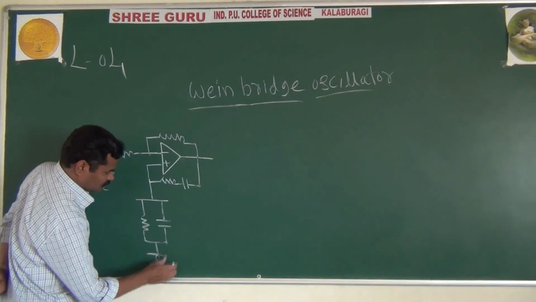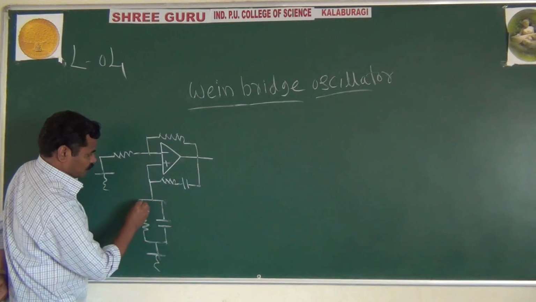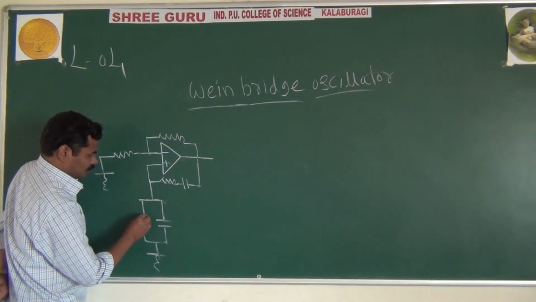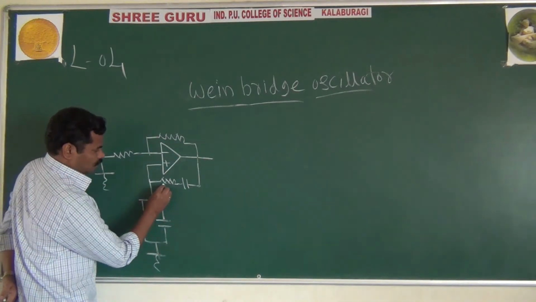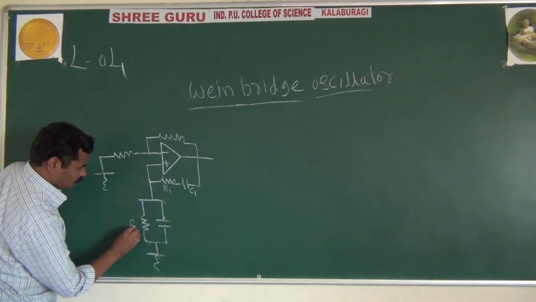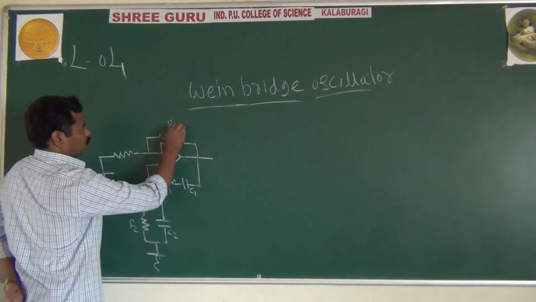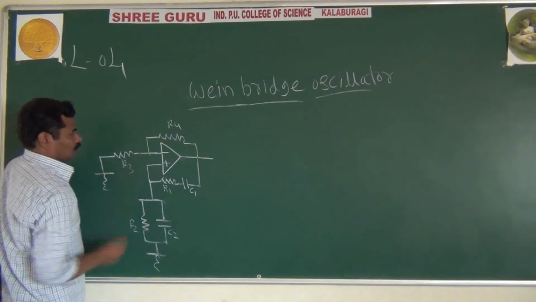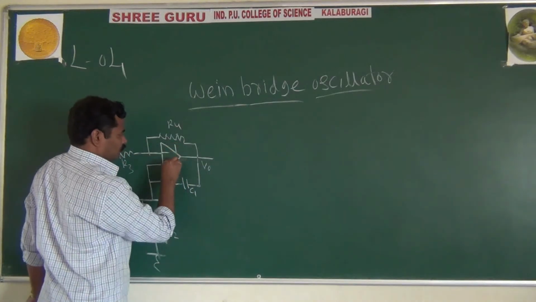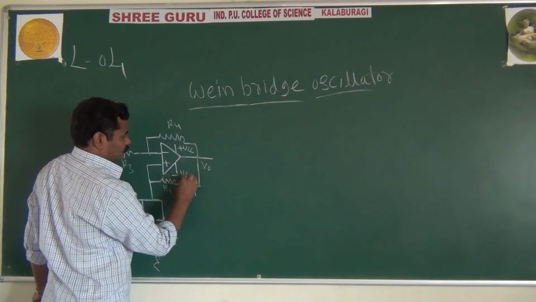It looks like a bridge. As you have studied in physics, the Wheatstone bridge. Here you are studying about the Wien bridge. This is your R1, C1, and R2, C2. This may be your R4, R3, and as usual your output, with positive VCC and negative VEE.